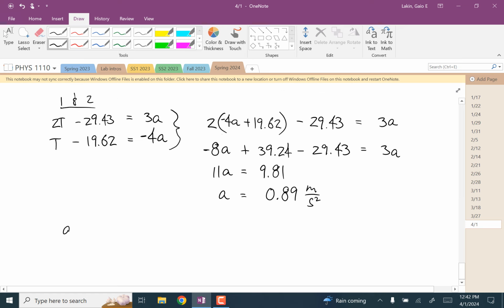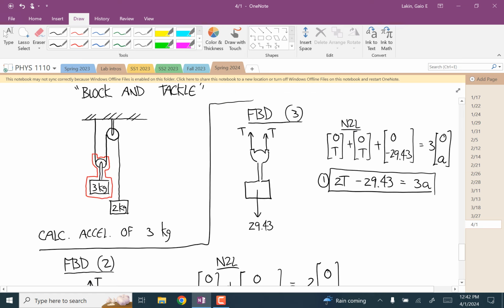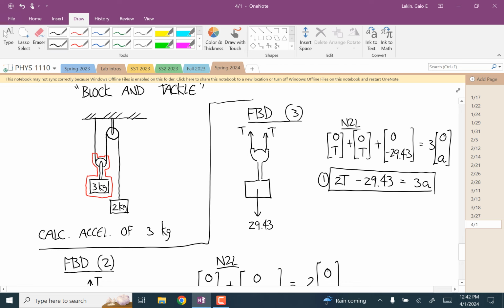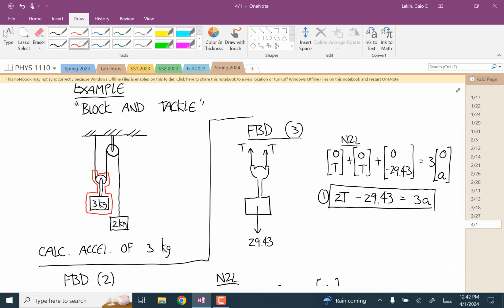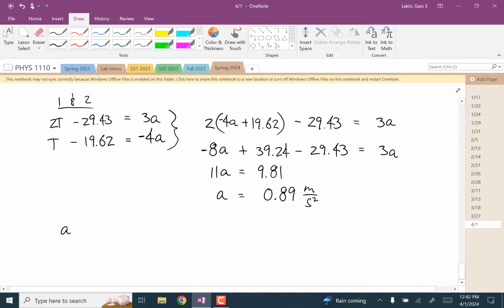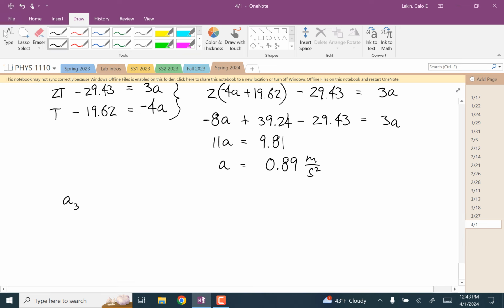And so the acceleration vector of the 3 kilogram, that's this one, is 0.89. Any questions about that?